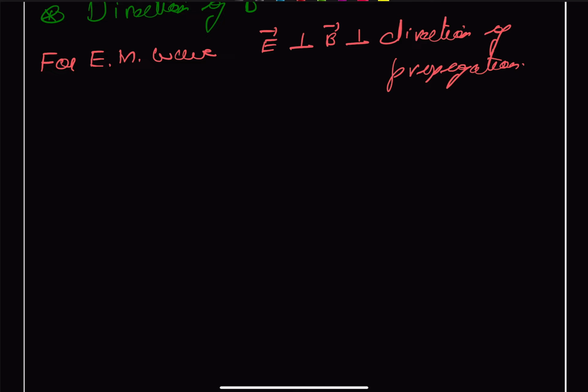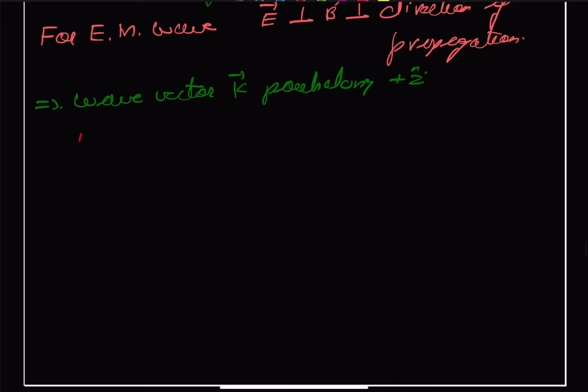And with respect to our wave vector, which is our k vector, points along plus z unit, and we know that our electric field is along i unit.